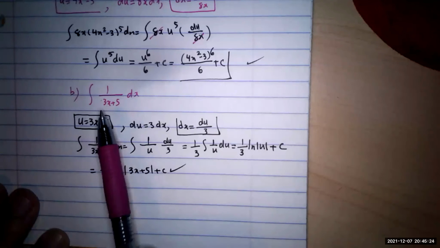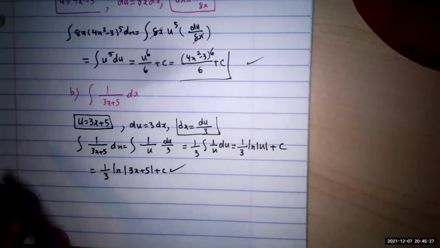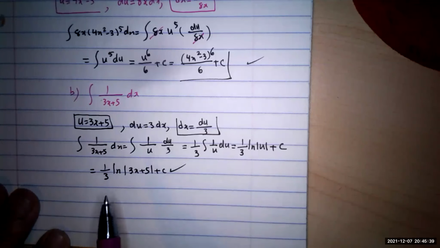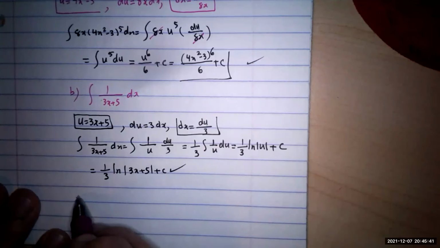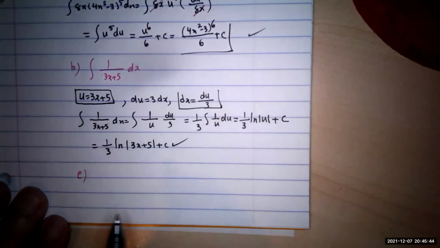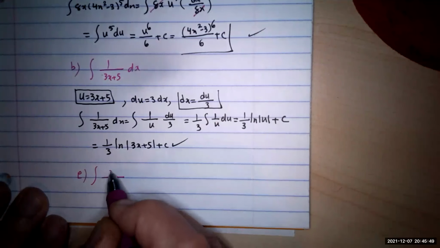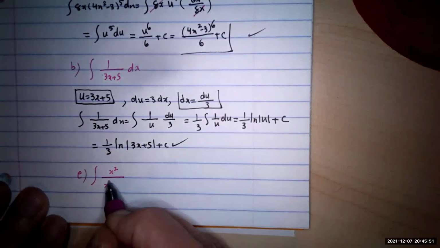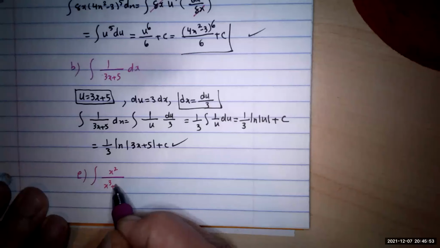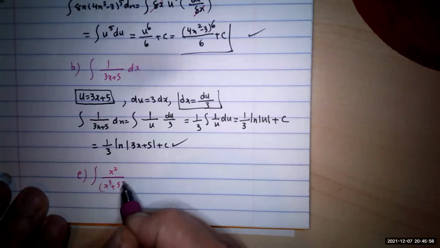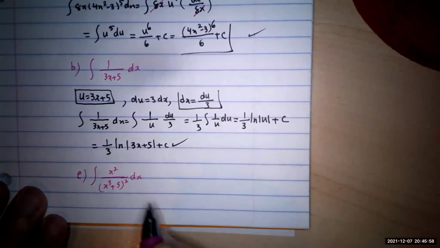That's a rational function when there is no power here. It's going to be changing to the ln function. The third case is when there is a power, like part E. In part E, the integral is the integral of x squared over (x cubed plus 5) all squared dx.